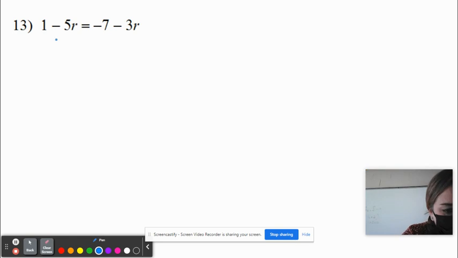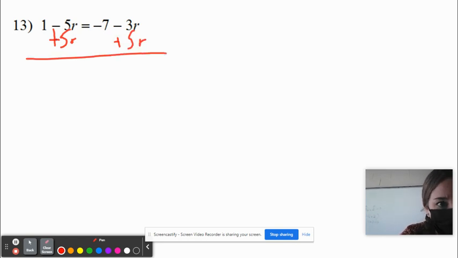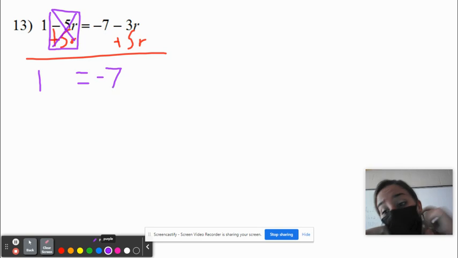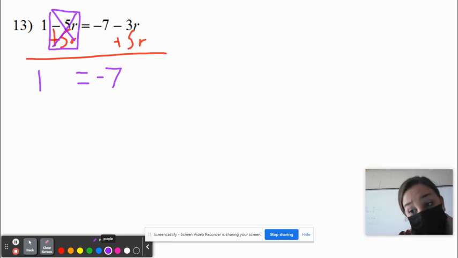If I add 5r to both sides, the 1 comes down. Negative 5 plus 5 is nothing. Negative 7 comes down. And then negative 3 plus 5. You owe me 3, but you have 5 in your pocket. You still get to walk away with $2.